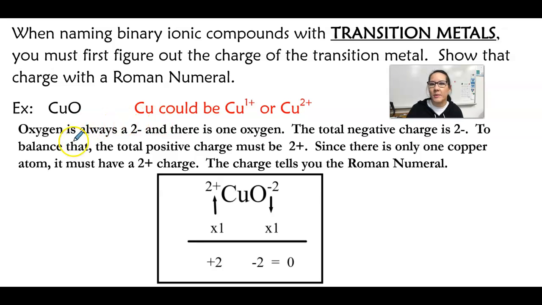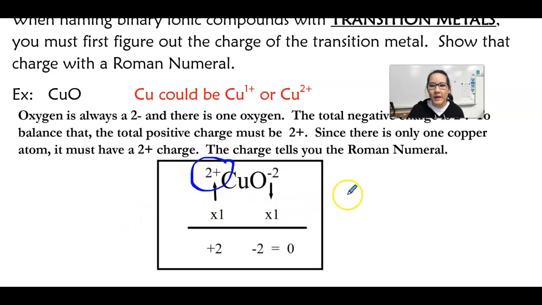So we have to do a little bit of math to figure out what's the charge on this copper. Oxygen is always a -2 charge. The total negative charge overall is -2 because we only have one oxygen, and therefore to balance it we need an overall +2 charge, and since there's only one copper, that one copper must have a +2 charge, which is going to tell us it should have a Roman numeral of 2 in the name.